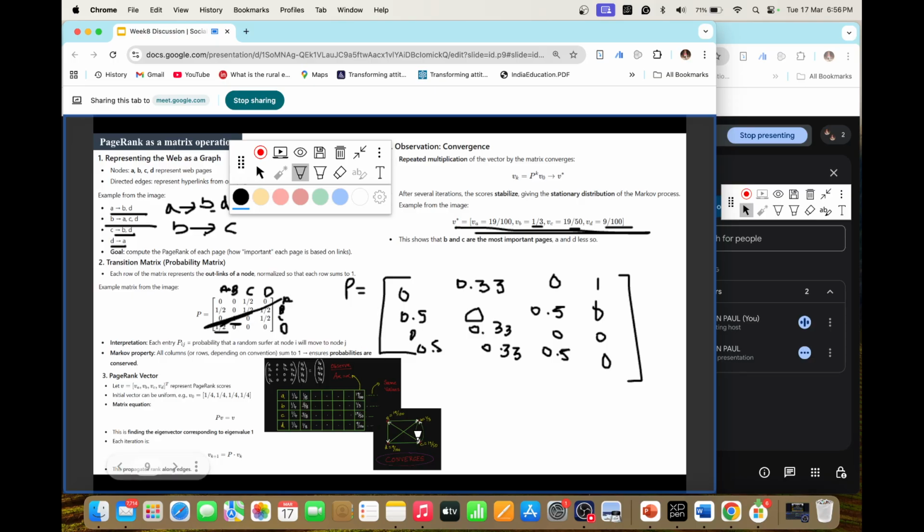Okay, and then B following C. Okay, and then what about C?